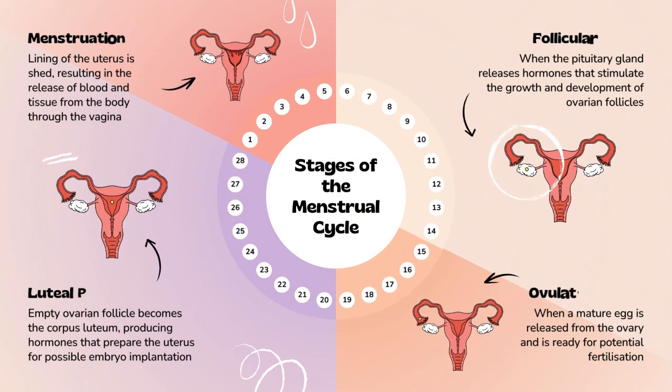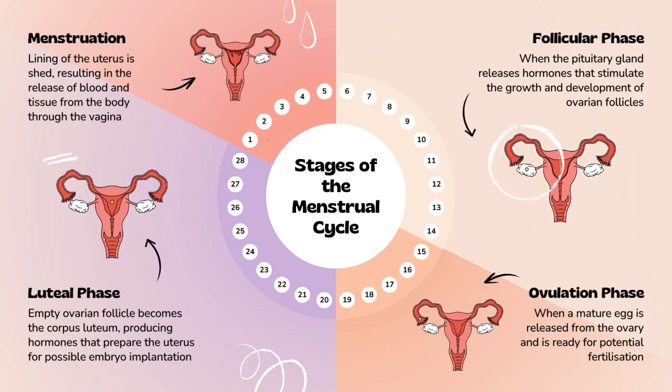Next, I will talk about the stages of the menstrual cycle. Day 1 until day 5, we have menstruation. The lining of the uterus is shed, resulting in the release of blood and tissue from the body through the vagina. Then, day 6 until day 14, the follicular phase, when the pituitary gland releases hormones that stimulate the growth and development of ovarian follicles.